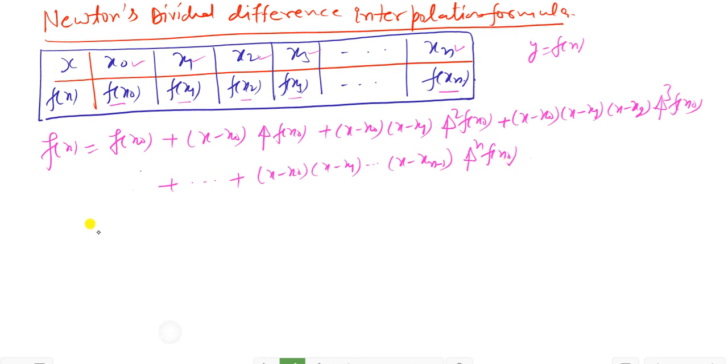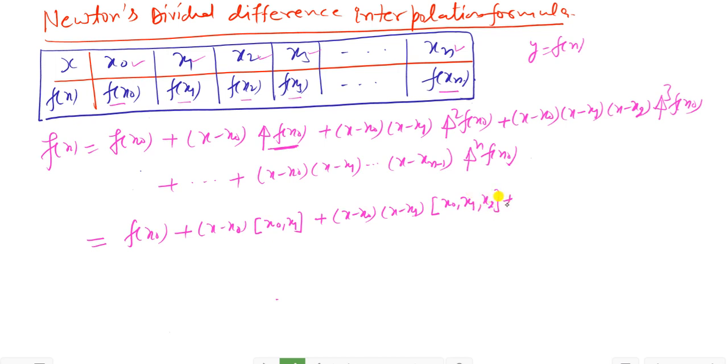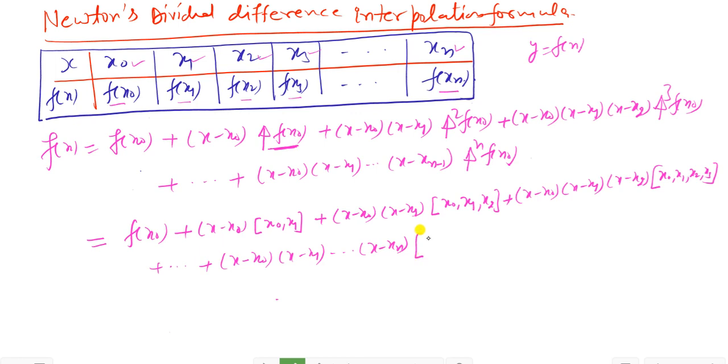Or we can write this formula as f of x is equal to f of x naught plus x minus x naught, the first order divided difference, which will be in square brackets x naught comma x1, plus x minus x naught x minus x1 second order divided difference on the three arguments x naught, x1, x2, plus x minus x naught x minus x1 x minus x2 and the third order divided difference on the four arguments x naught, x1, x2, x3, plus up to plus x minus x naught x minus x1 to x minus xn and the divided difference on the arguments x naught, x1, x2 to xn.